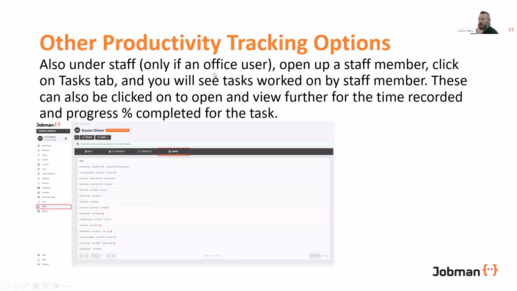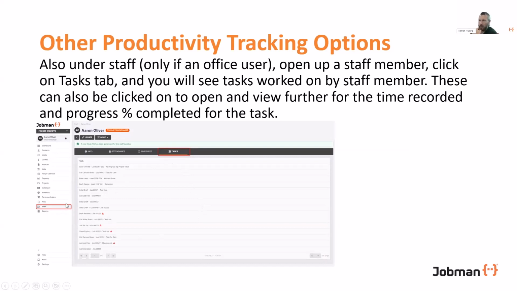So other productivity tracking options, also under staff, only if you're an office user and only if you've got the set staff permissions, you can actually open up a staff member. You can click on the tasks tab in their profile, and you'll see tasks worked on by the staff member. These can also be clicked on to open further and view for the time recorded and the progress percentage completed for tasks.